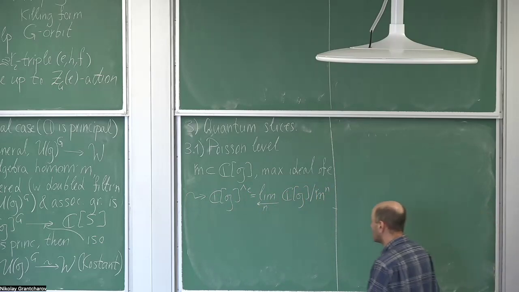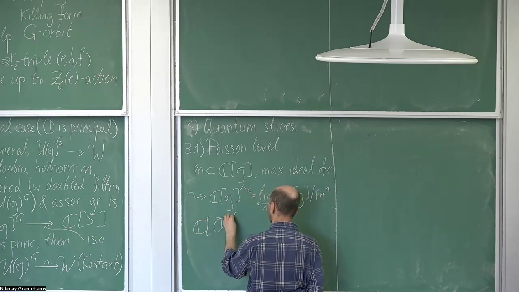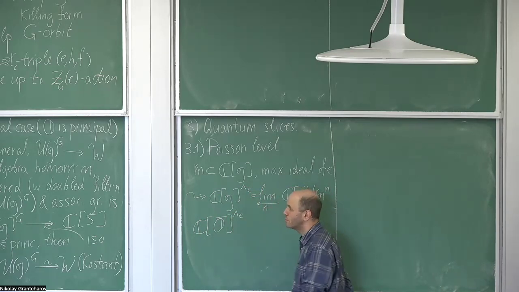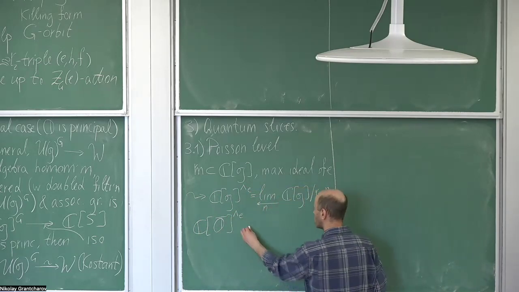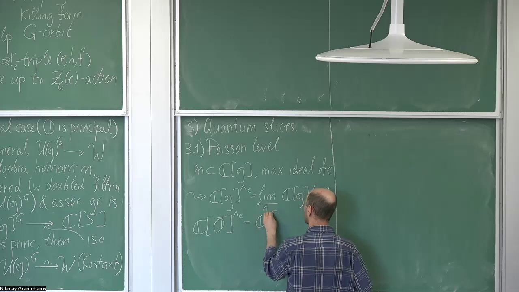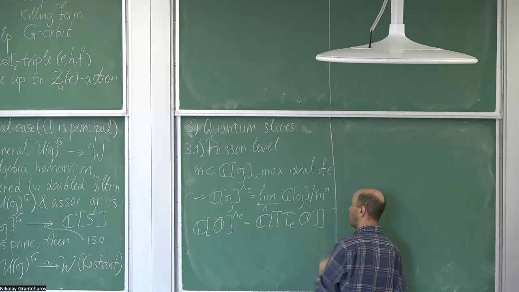And then I can consider similarly completions of the functions on, let's say, O bar at E. So E is a smooth point here. I just look at the formal power series on the tangent space.